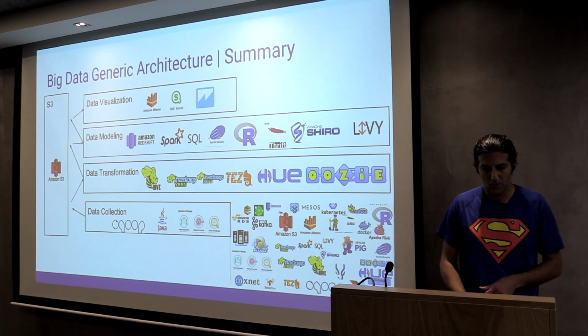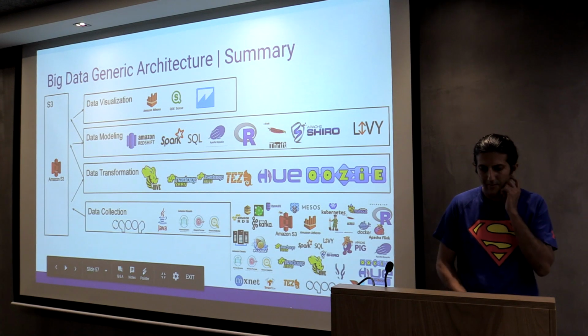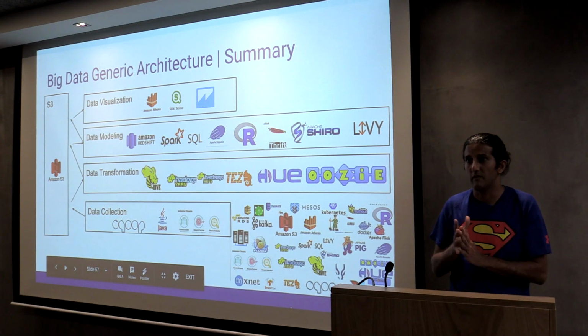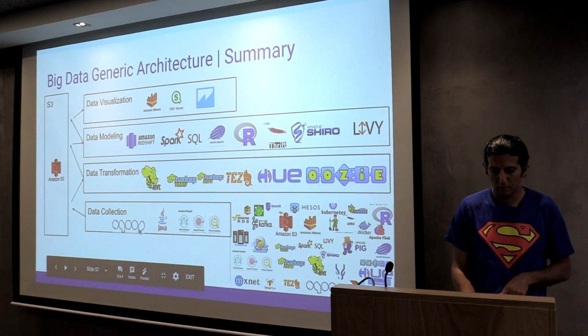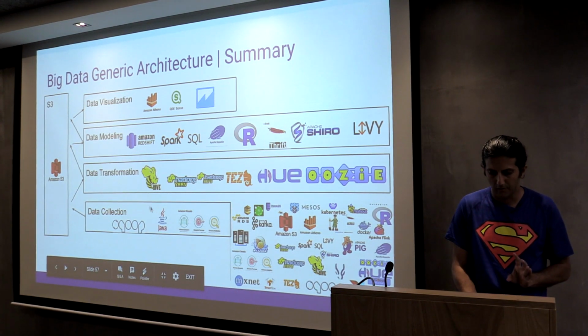So, summary: what we have here is a generic big data architecture that covers a lot of use cases. We have Sqoop here for completeness, but I didn't use it for ETL purposes. Java for our client that did the ETL on the customer data center.